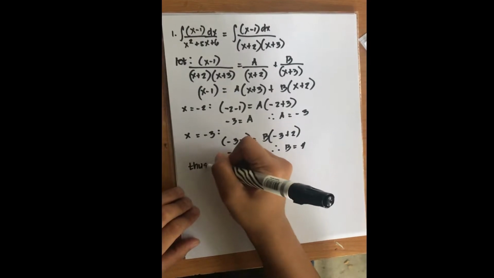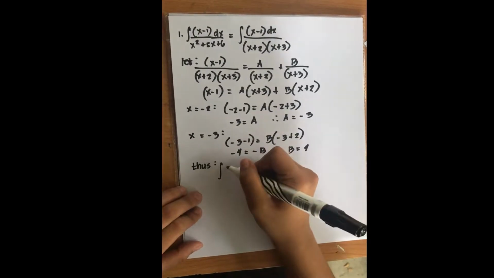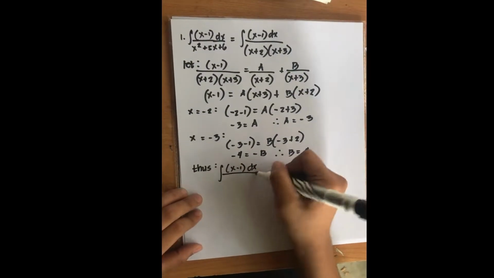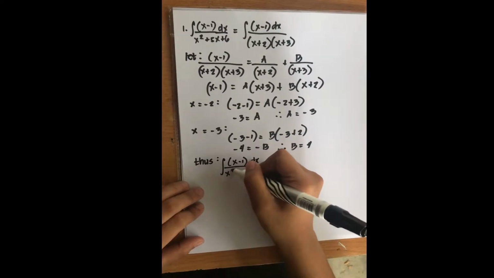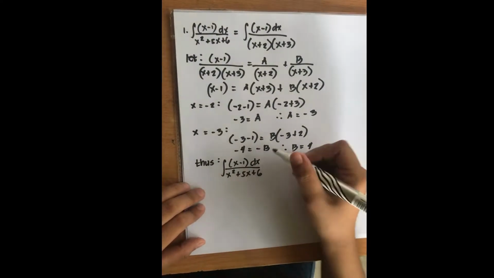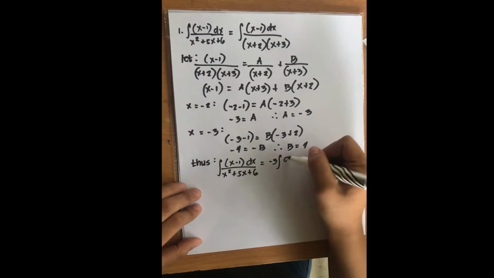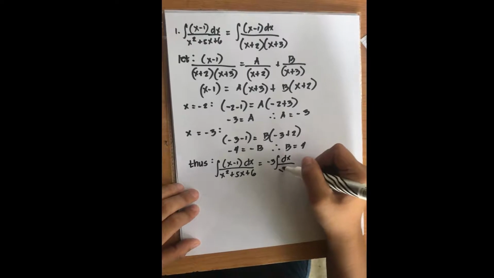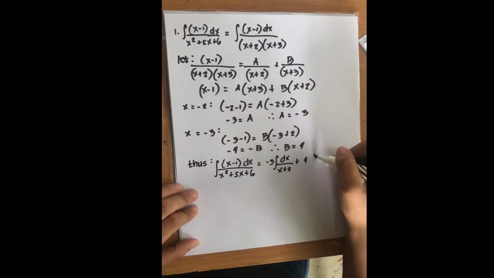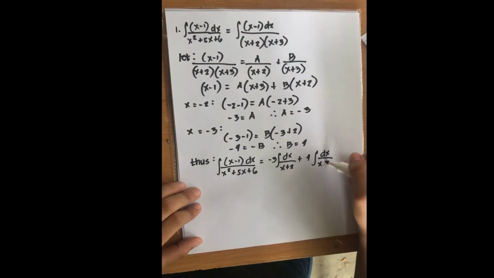Thus, the integral of x minus 1 dx over x squared plus 5x plus 6 is equal to negative 3 times the integral of dx over x plus 2 plus 4 times the integral of dx over x plus 3.